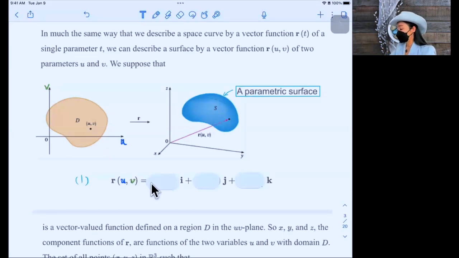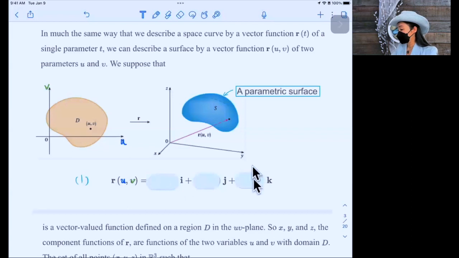Now, how does it work? This vector function has two parameters, u and v, and it's going to have three components. The output will have three components. It's going to be in 3D, right? So the first component, the x component, what should I put over here?